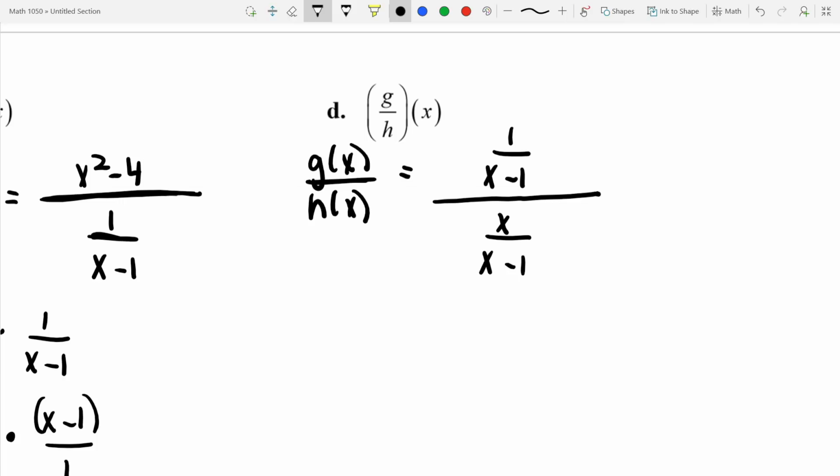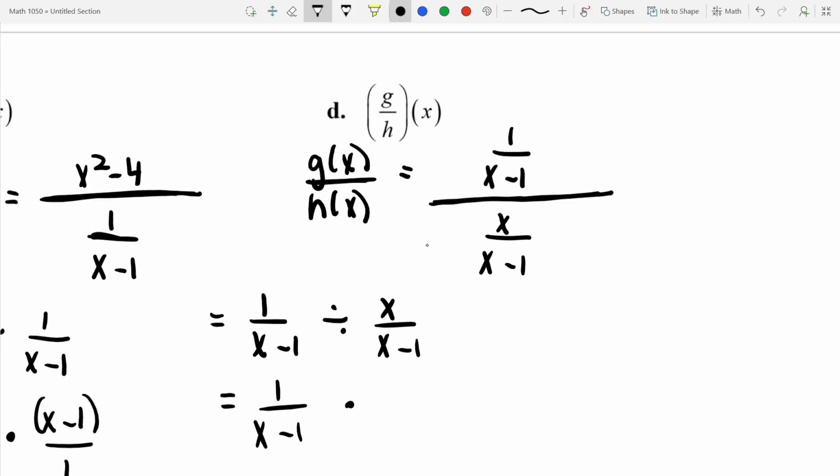So this is the main division bar. So now I want you to write it as 1 over x minus 1 divided by x over x minus 1. Now write it as a multiplication. So 1 over x minus 1 multiplied by x minus 1 over x. This answer is wrong. Okay, look.